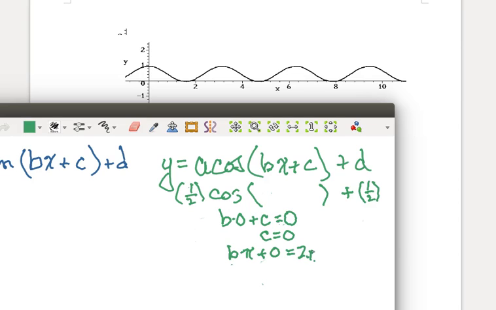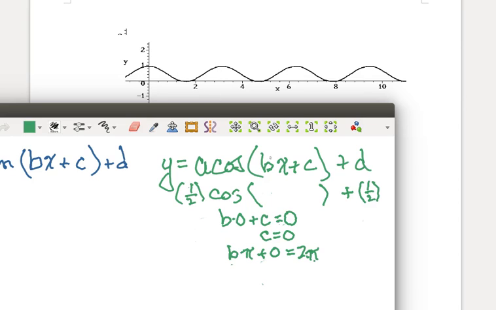Okay? So the trick here is to look at this argument on the inside and decide where we think the cycle is starting and where we think the cycle is ending. It needs to start when x is 0 and the cosine cycle starts at 0. So we needed to set that equal to 0. We think that this cycle ends when x is pi.